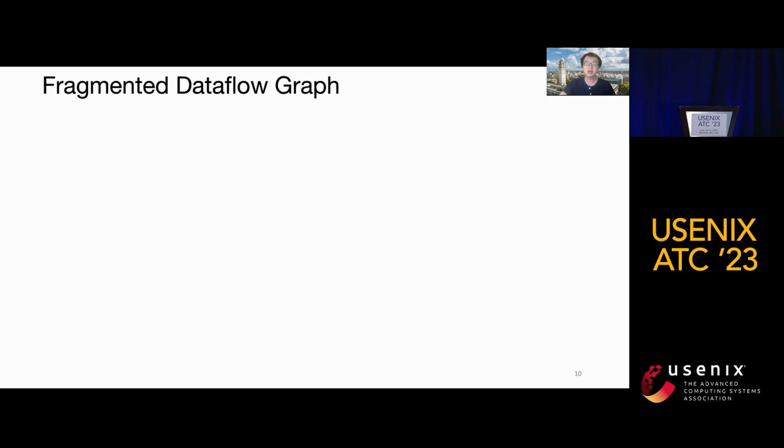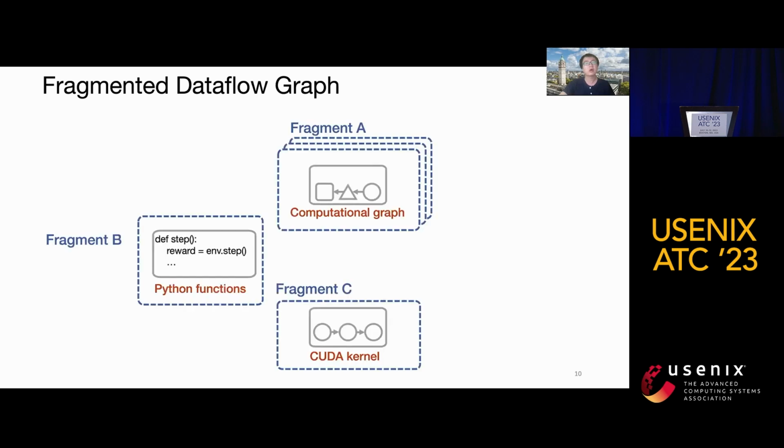So a fragmented data flow graph is a heterogeneous data flow model. That means it uses different, independent data flow representations, but it can use different ones for each algorithmic component of the RL training loop.